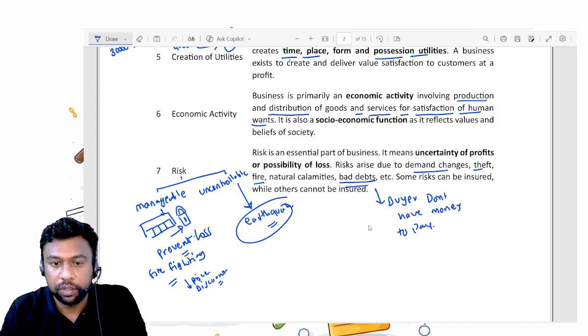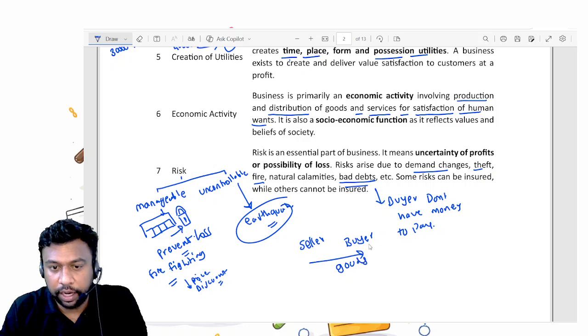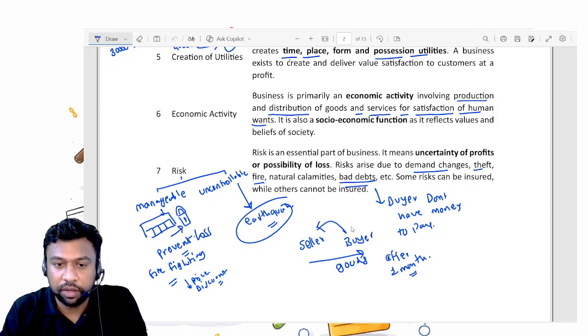So this is you, the seller, and this is the buyer. You have given goods, and he said I will pay after 1 month. But after 1 month he is saying I don't have money, I cannot pay. That is the situation where you have lost your money.